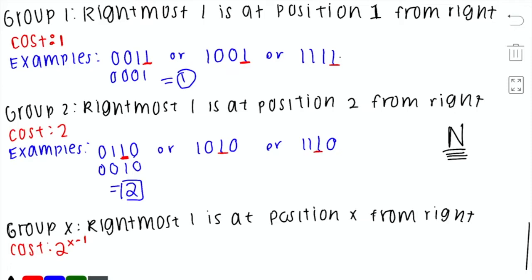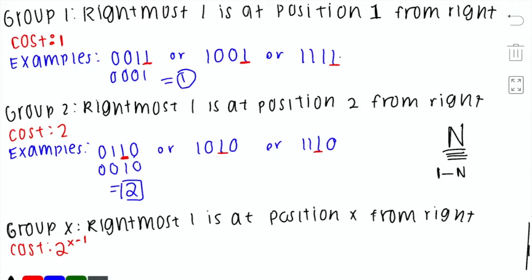What we essentially need to find now is what groups the numbers from 1 to n are in. Because if we find the number of numbers in group 1 and the number of numbers in group 2 and so on, we can simply multiply the number of numbers in each group by the cost that is associated with each group.